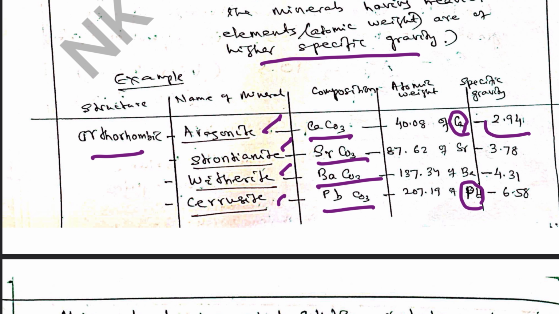That is why its specific gravity is 2.94, whereas Pb has 6.58 because of the higher atomic mass of Pb. So, all are carbonates with the same atomic packing, but because of the heavy element Pb, cerussite has higher specific gravity than aragonite.